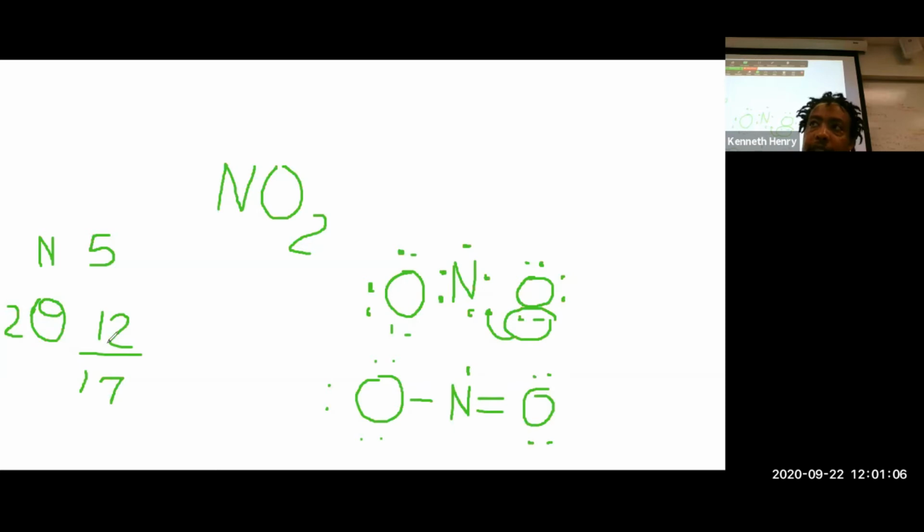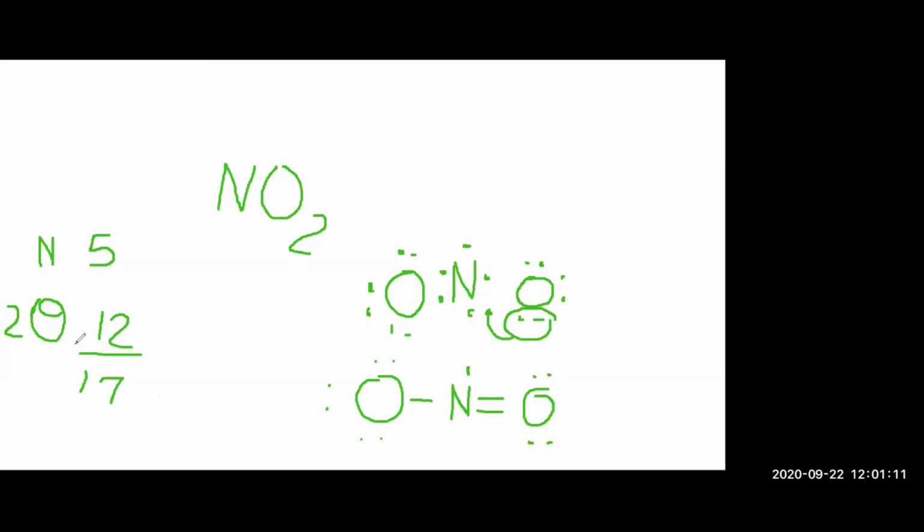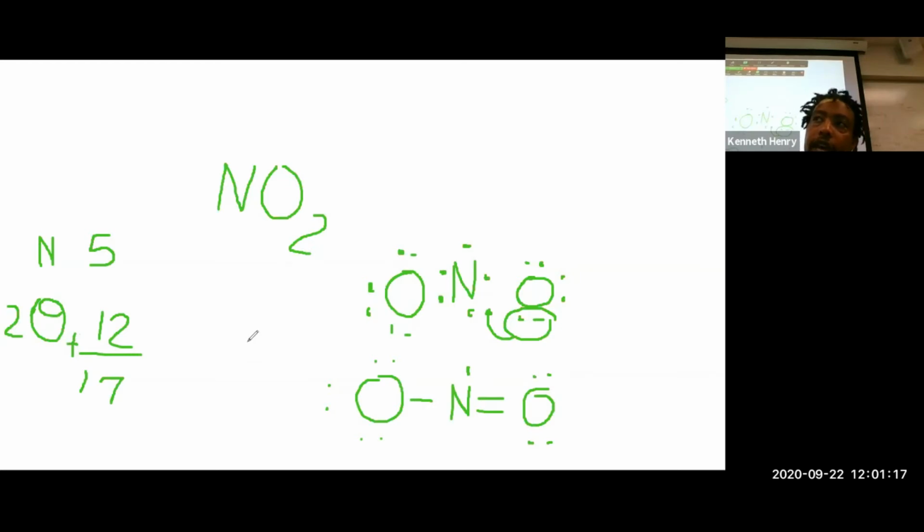So 5 plus 12 is 17. Okay. So if you count, at the end of the day, you need to use all 17 of those electrons. So that's 2, 4, 6, 8, 10, 12, 14, 16, and then that's your 17th.